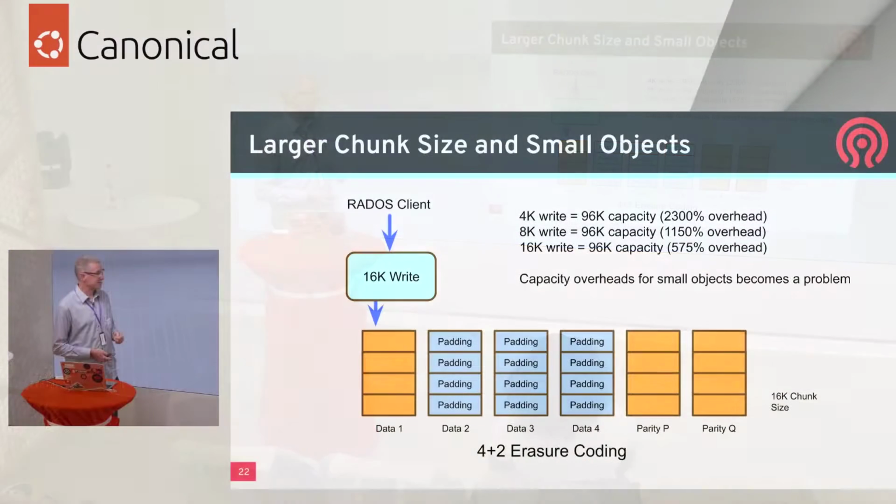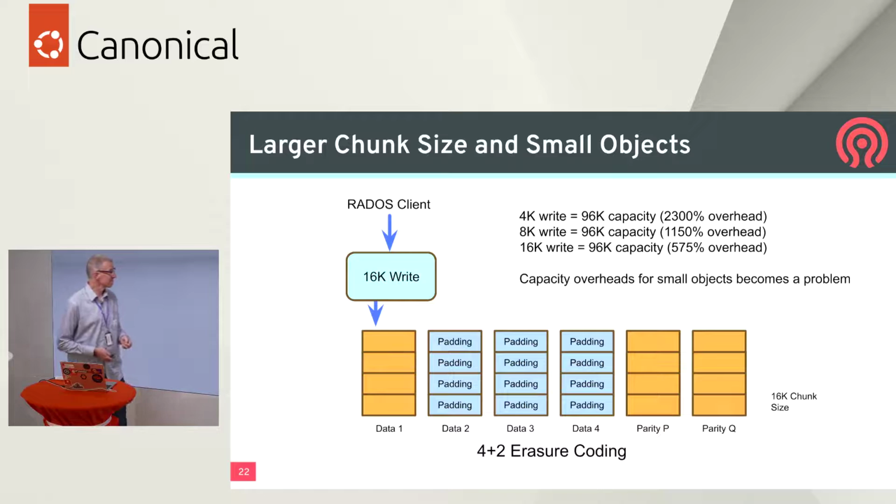If we increase the default chunk size, so here we go with our 16K chunk size, a 16K write now has 16K of padding on 3 data drives and the 2 Erasure coding parities.